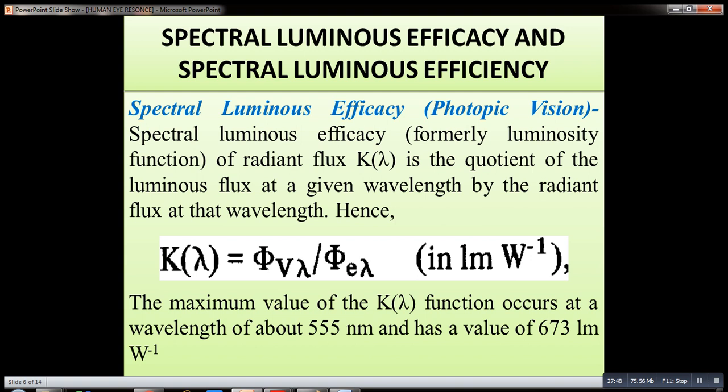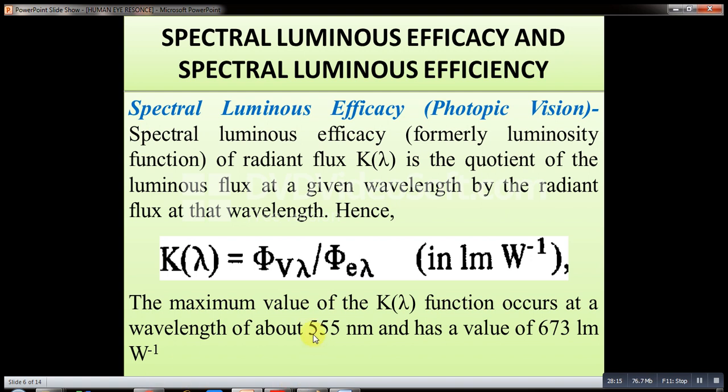All wavelengths will be received by the eye, but the sensitivity of the eye will depend on the wavelength. The best response of the eye happens in the green visible region, which is 555 nanometers.